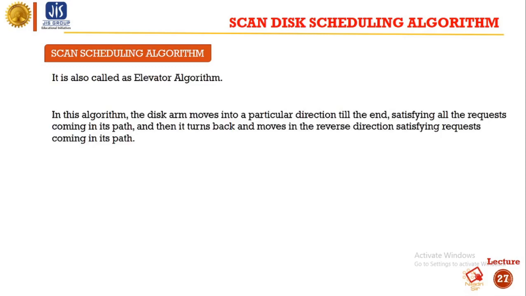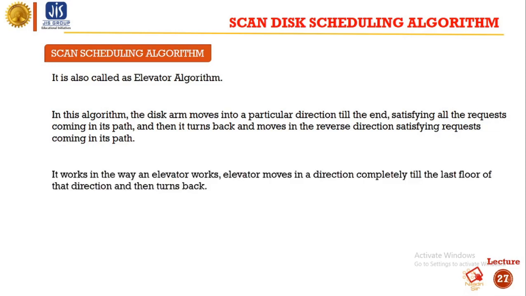In this algorithm, the disk arm moves in a particular direction till the end, satisfying all the requests coming in its path, and then it turns back and moves in the reverse direction, satisfying requests coming in its path. It works the way an elevator works. An elevator moves in a direction completely till the last floor in that direction and then turns back.